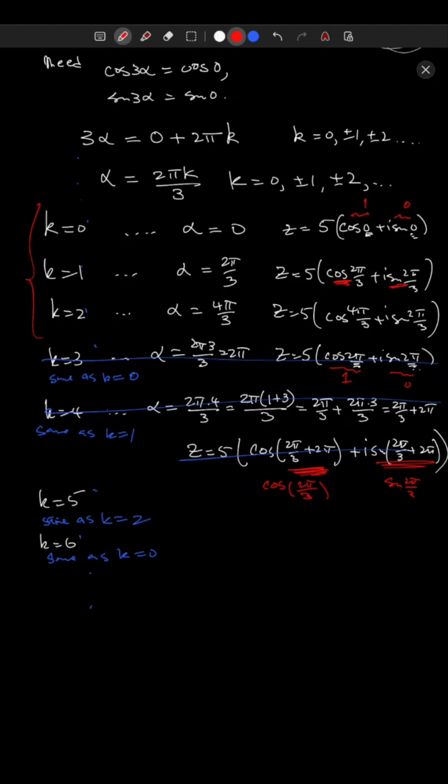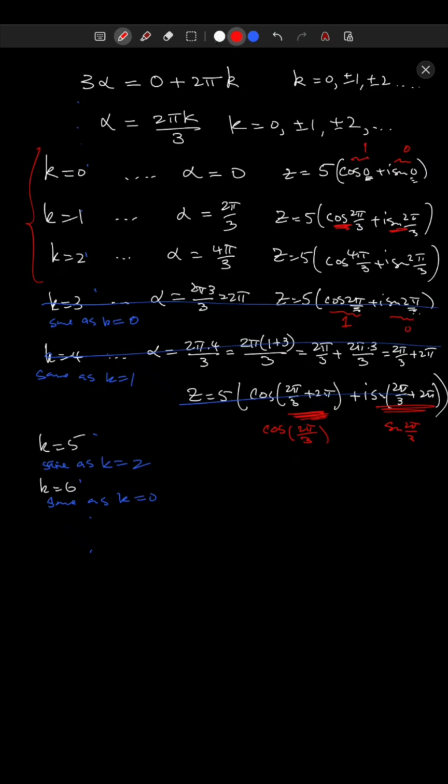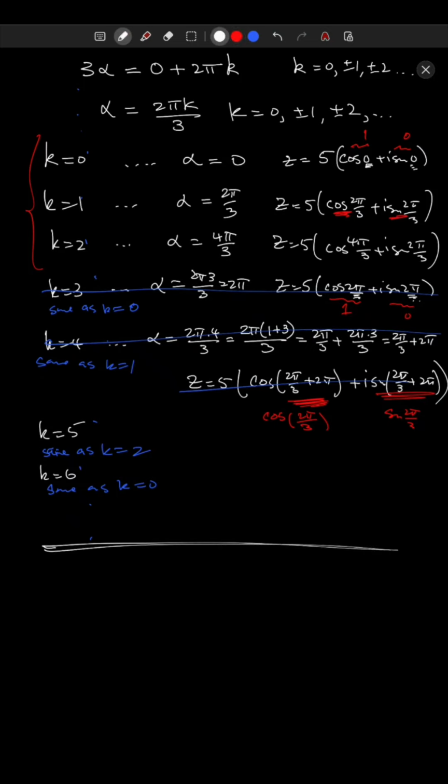So ultimately, the way we generally write these solutions, at least for this particular example, is z equals 5 times cosine of 2 pi k over 3 plus i sine 2 pi k over 3, but not k equals 0, 1, 2, and so on. We're just going to write k equals 0, 1, 2, because there's actually only 3 of them. There's no need to write any more because they all repeat one of the previous ones.